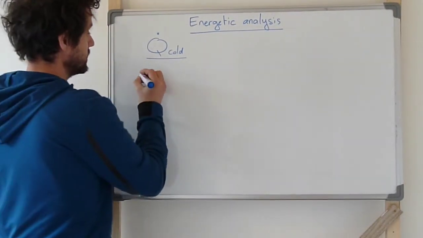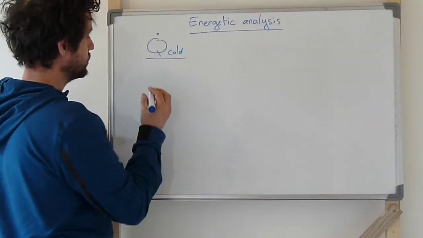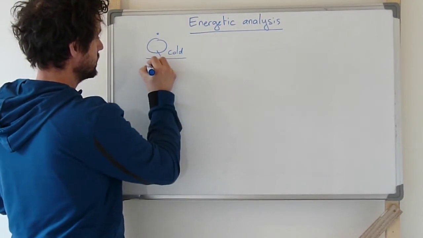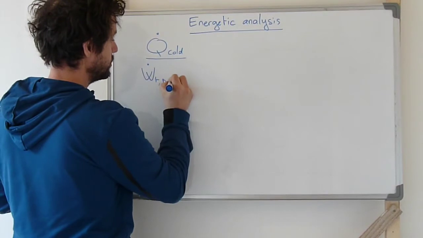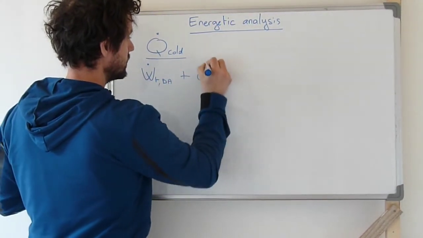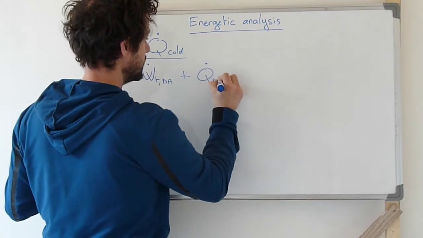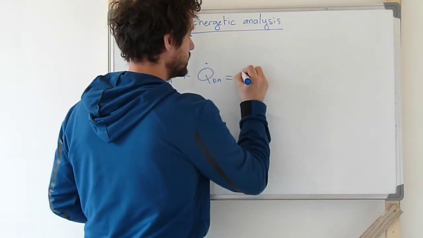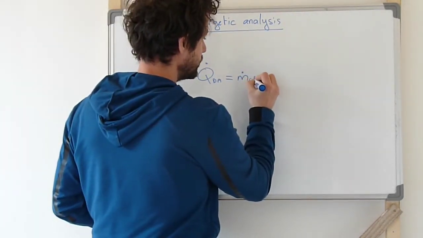So we can write, if I write here in power, so in watts, the technical work in terms of power between point D and point A plus the heat power exchange between point D and point A is equal to the mass flow rate of the working fluid, so of the refrigerant.